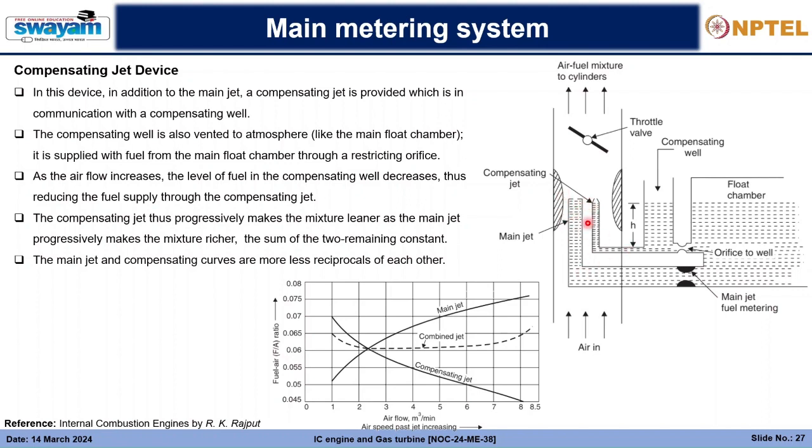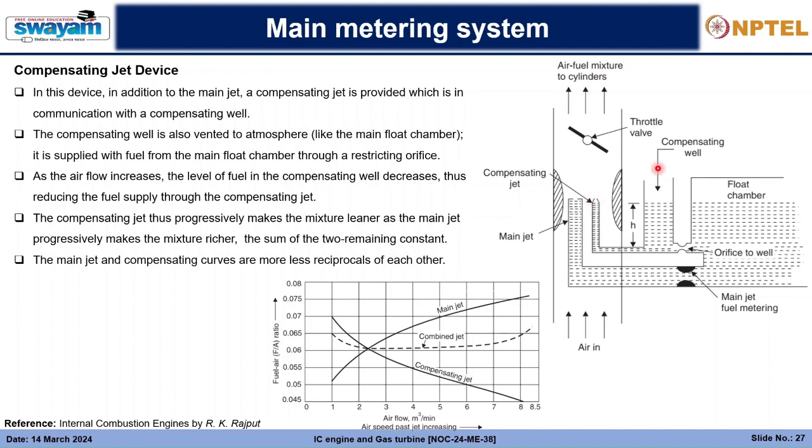If a large amount of fuel is supplied from the main jet, the compensating well will not supply as much fuel. The compensating jet will make a leaner mixture, and the main jet will make a richer mixture. The combination of both will finally maintain the required stoichiometric ratio of the mixture.